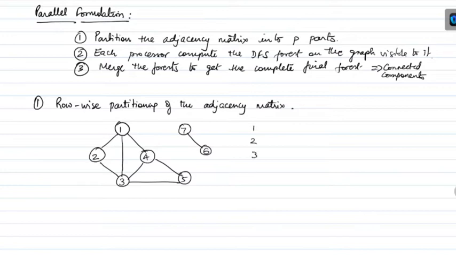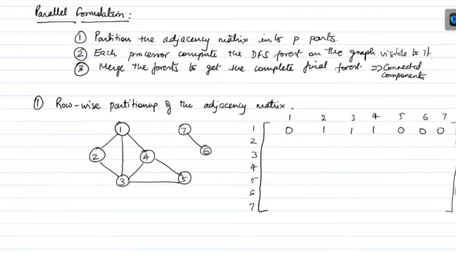And let's see what the adjacency matrix for this would look like. 1, 2, 3, 4, 5, 6, 7. So there will be 7 rows, and there'll be 7 columns. And what will be the entries over here? So from 1, there is an edge to 2, 3, and 4. All the other entries are 0. From 2, there's an edge to 1 and 3. All other entries are 0.